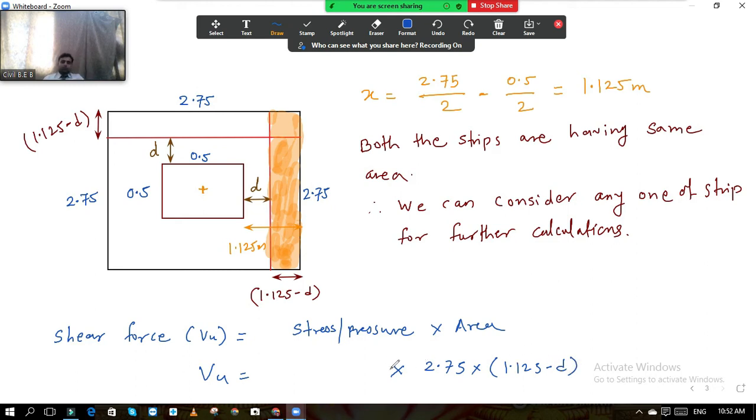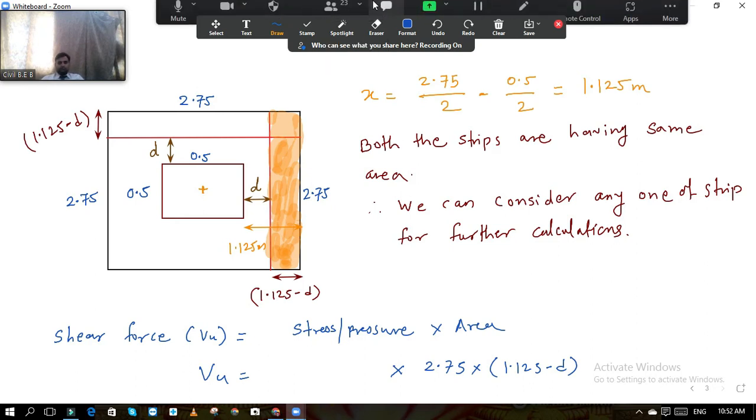So let me know the value of this stress and pressure. We have already calculated the soil pressure. Please check the value and let me know.